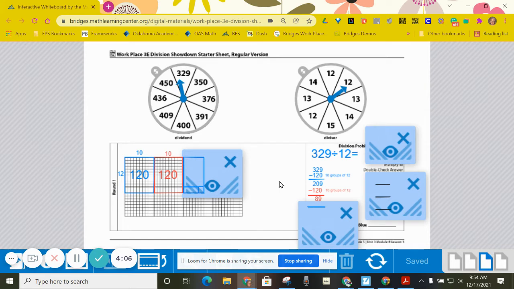How many 12s can I think about that would go into 89? The goal in this game is to be the last person to make a move. So if I'm going to do that, I want to put in as many 12s as possible. The blue player decided to put in 7 12s. So we made our rectangle this time 7 by 12.